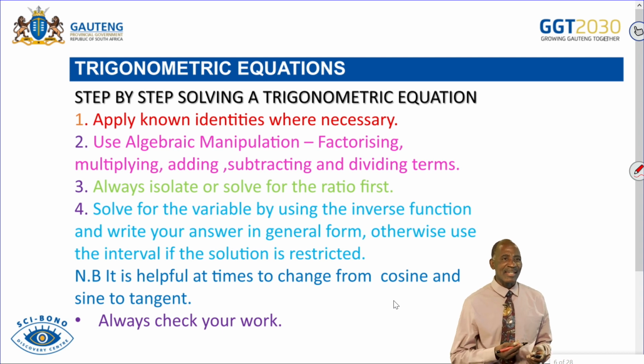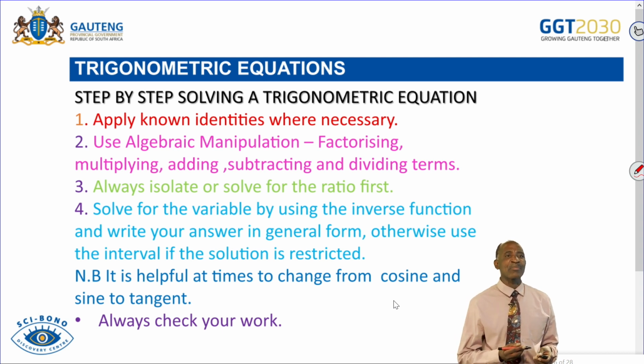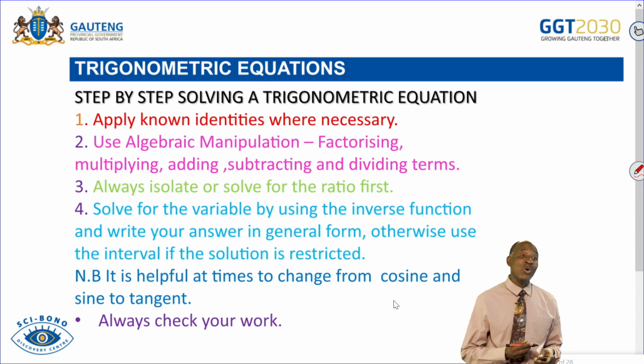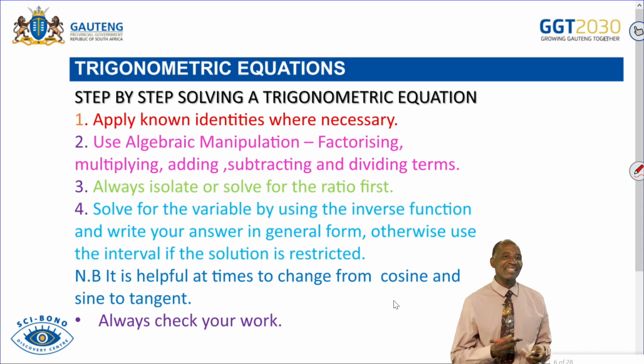Then eventually in number four, you solve for the variable by using the inverse function and write your answer in general form. Otherwise, you use the interval if the solution is restricted. Then take note of this: it is at times helpful to change from sine and cosine to tangent.